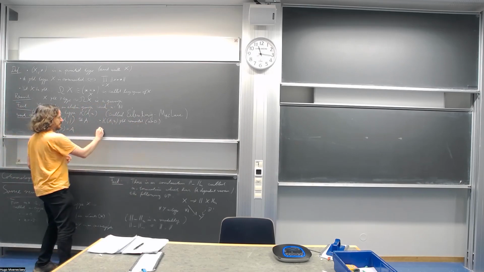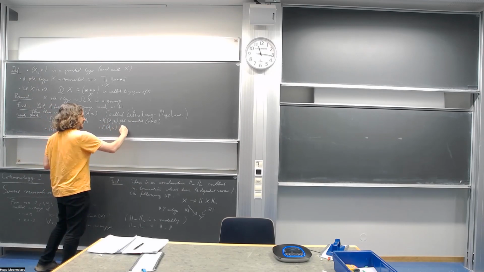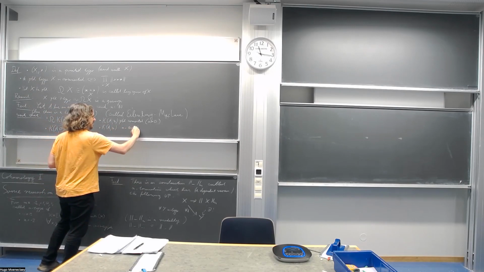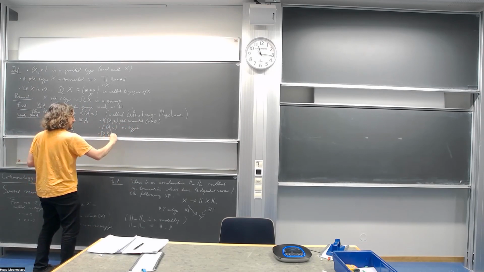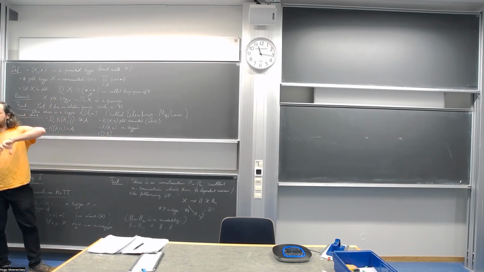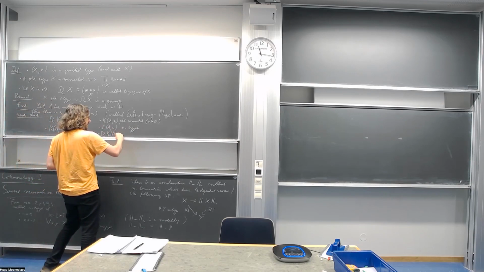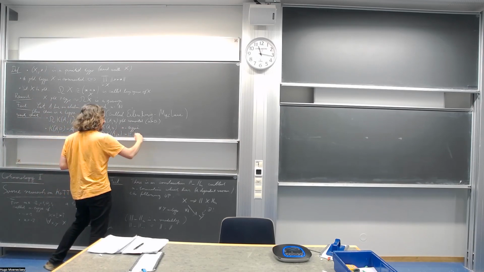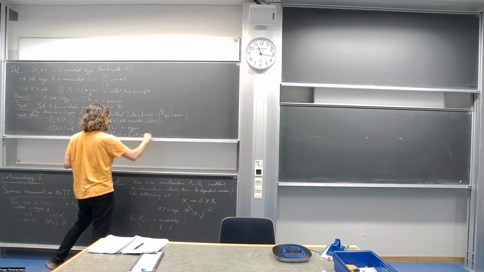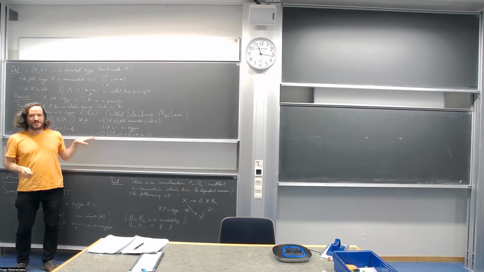And what we also want is that K(A, n) is an n-type. And like the higher ones should just be iterated deloopings. So K(A, n) looped would be K(A, n-1).